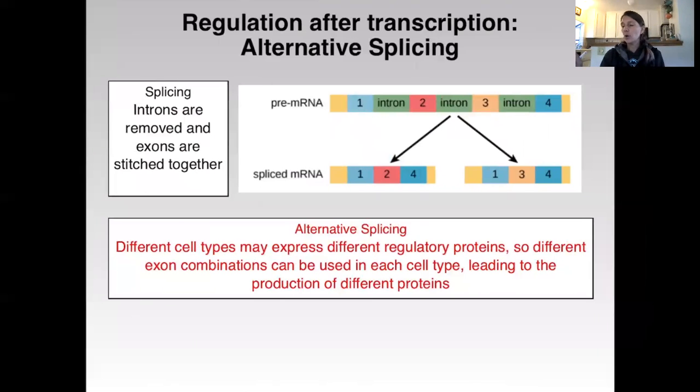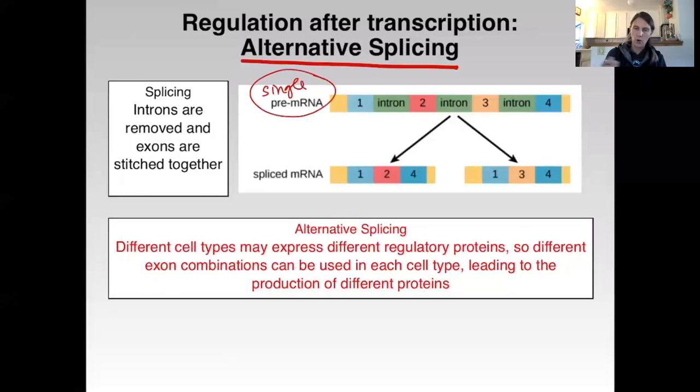All right, so splicing. So we've already talked a little bit about alternative splicing. And that is the concept where you can have a single pre-mRNA, and then you can get several different mature mRNAs out of that, depending on which introns get spliced out and how that gets spliced out.